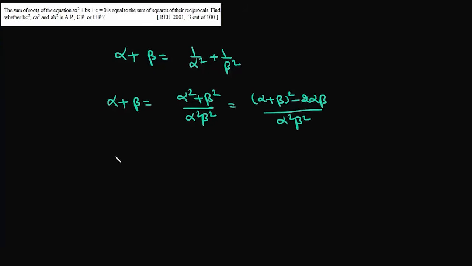Now alpha plus beta is minus b upon a. This is minus b upon a whole square minus 2c upon a, and this is c square upon a square.